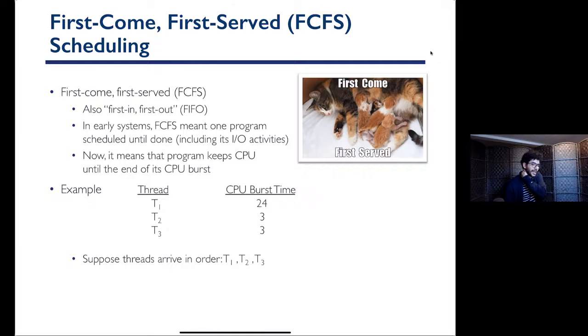So T1 has a CPU burst of 24 microseconds, T2 3, and T3 3. Now let's suppose that they have come to the system in the order of T1, T2, and T3. Then FCFS leads to this scheduling outcome. So T1 first will be scheduled because it arrived first, then T2, and then T3.